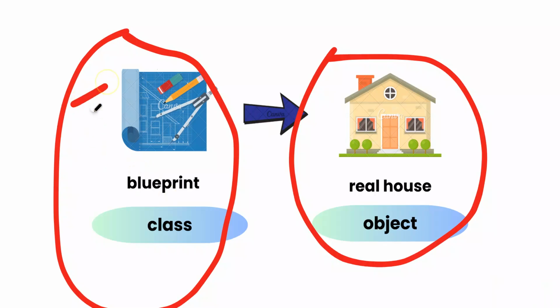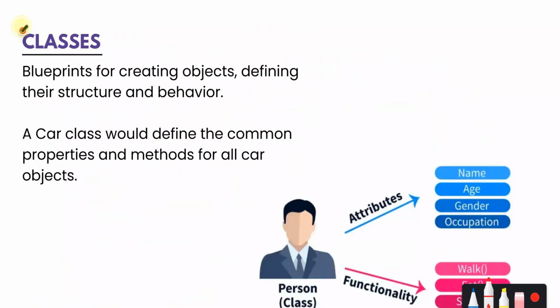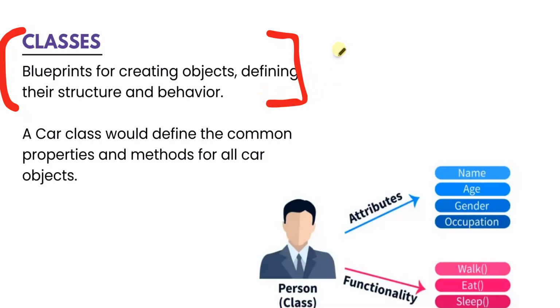The design will show what this entity will exactly have, what this object will exactly have. So for that, we define our classes. So a class is actually a design for any object.